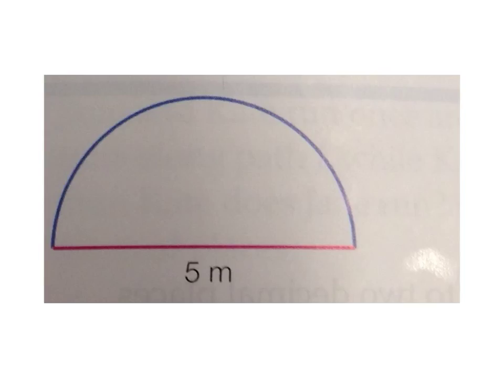Let's do an example. Here they've given you half of a circle and they've told you the diameter is 5 meters, and they want to know what the perimeter of this shape is. Now, it's not a complete circle, okay? It's half a circle. So we start off and we say, we know that P, our perimeter, is equal to the circumference divided by 2, because the circle is divided by 2, plus the diameter, okay?